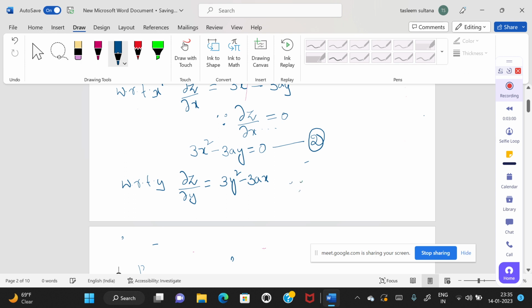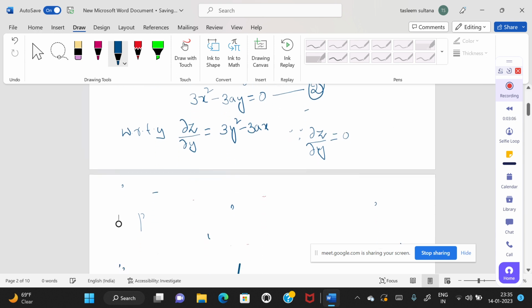Since the dou z by dou y value is equal to 0 according to the theory, we get 3y square minus 3ax is equal to 0. That is equation number 3.